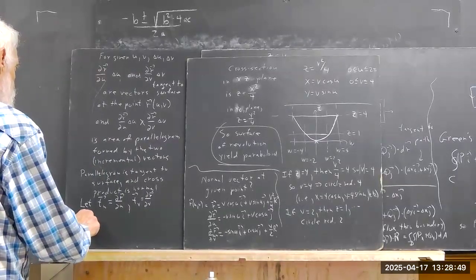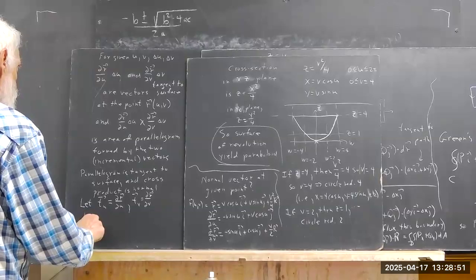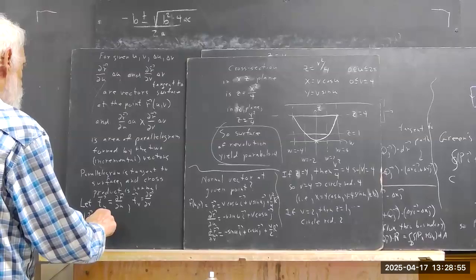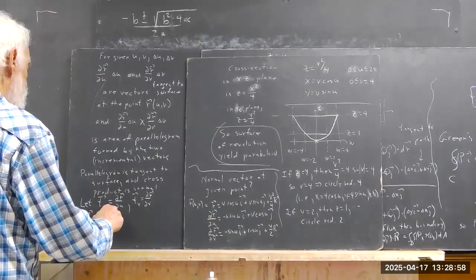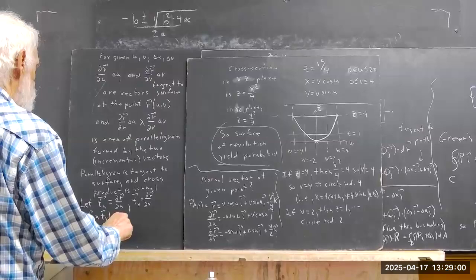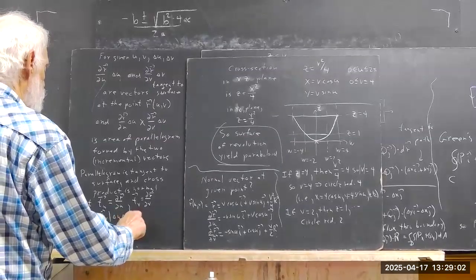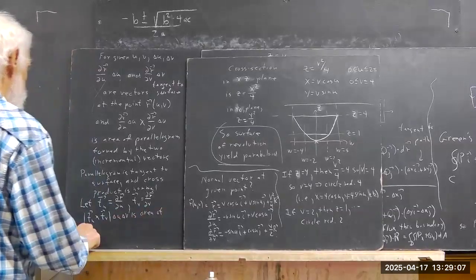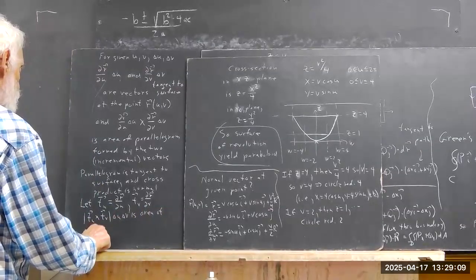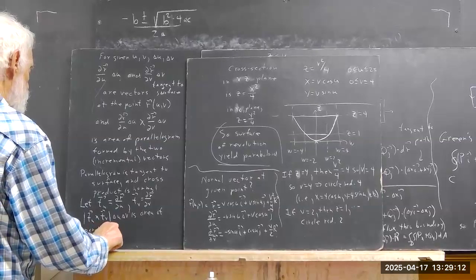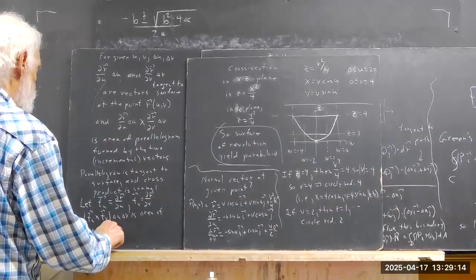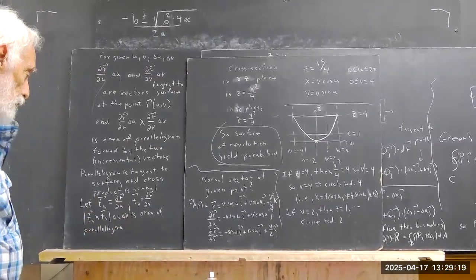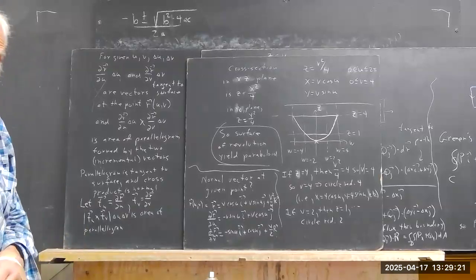The magnitude of T_u cross T_v times delta u delta v is the area of the parallelogram.